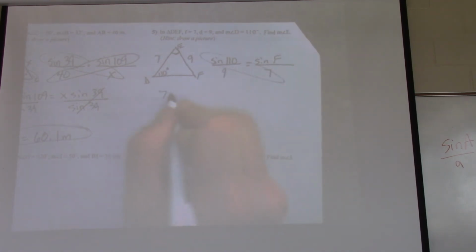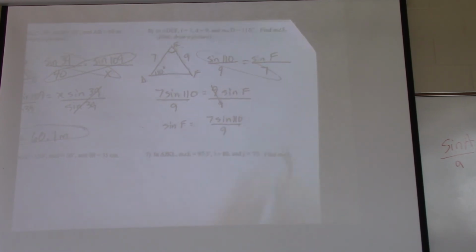So I get 7 sine 110 equals 9 sine f. Cross multiply and divide. So I'm trying to solve for sine of f. Let's just get the 9 out of there. So what I've got here, I'm going to kind of rewrite this, is sine of f equals 7 sine 110 over 9.